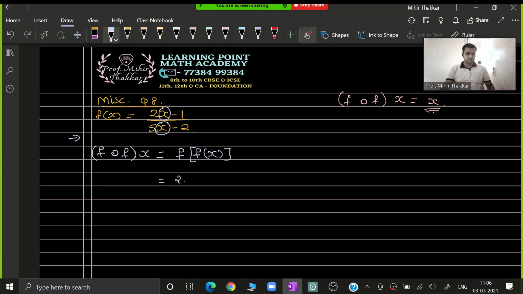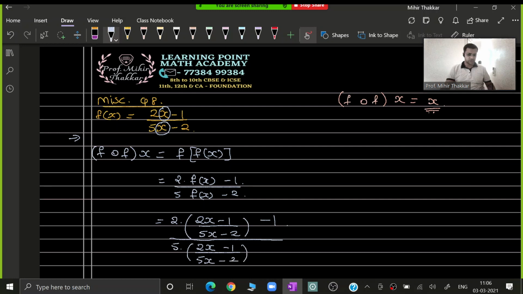So this becomes twice of f(x) minus 1 divided by 5 times of f(x) minus 2. Now carefully we have to substitute f(x) in both the terms, in the numerator and denominator. So this becomes 2 into (2x minus 1 upon 5x minus 2) minus 1, divided by, again the same way, 5 into (2x minus 1 upon 5x minus 2) minus 2.